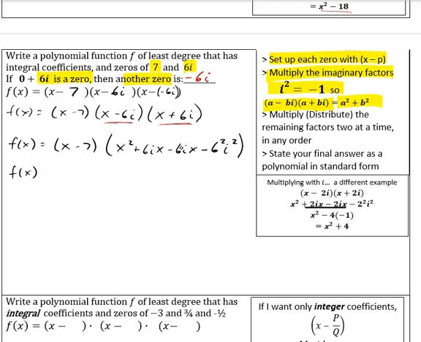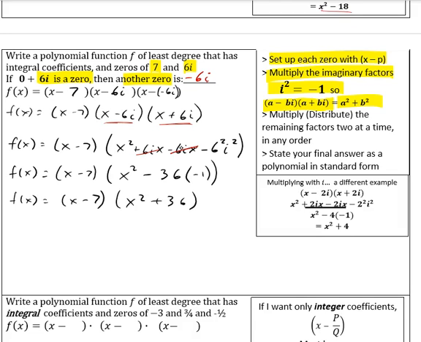When I simplify, I get x squared, these will cancel. Then I get a negative 6 squared is 36, i squared is a negative 1, so that gives me x minus 7 and x squared plus 36.